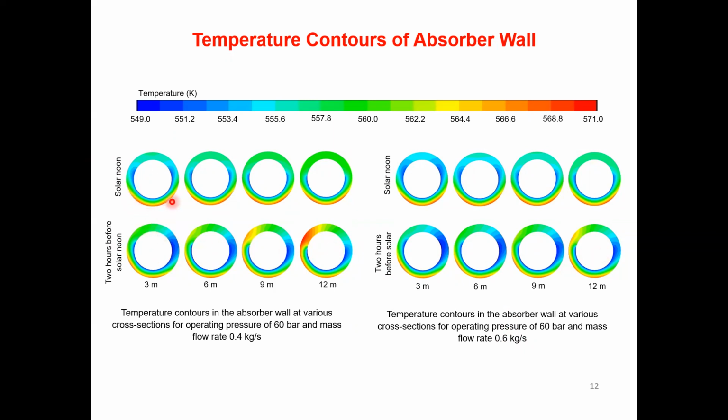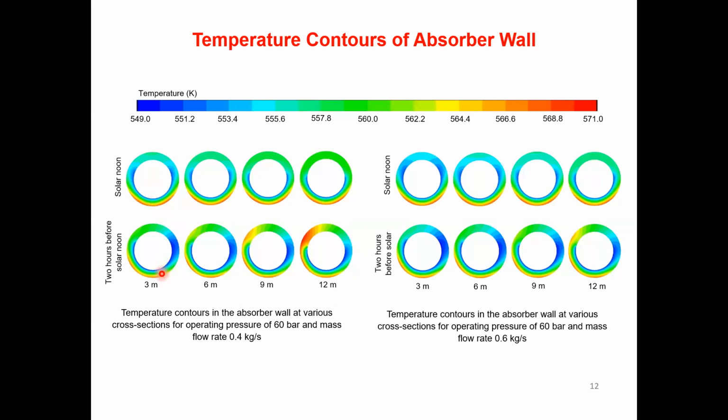At solar noon, the bottom side of the absorber wall receives a high concentrated heat flux. Hence, the outer surface is at higher temperature, whereas the inner surface is at lower temperature because of being in contact with the liquid phase.